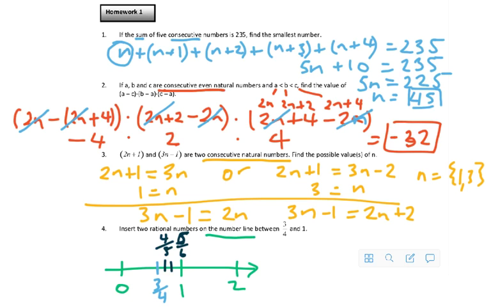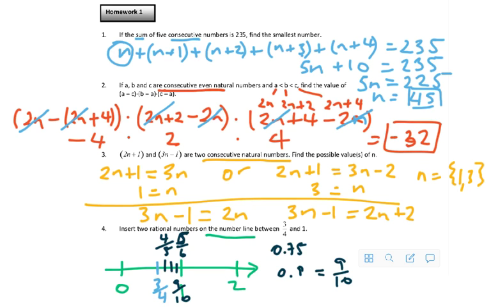Another way we could think about this is to look at the decimal representation. This is 0.75, and 1's obviously 1, so we could think about some decimals that are between these. So 0.9 is a decimal less than 1, and so another rational number we could say is 9/10. So that's another one we could have put in, nice and easy.